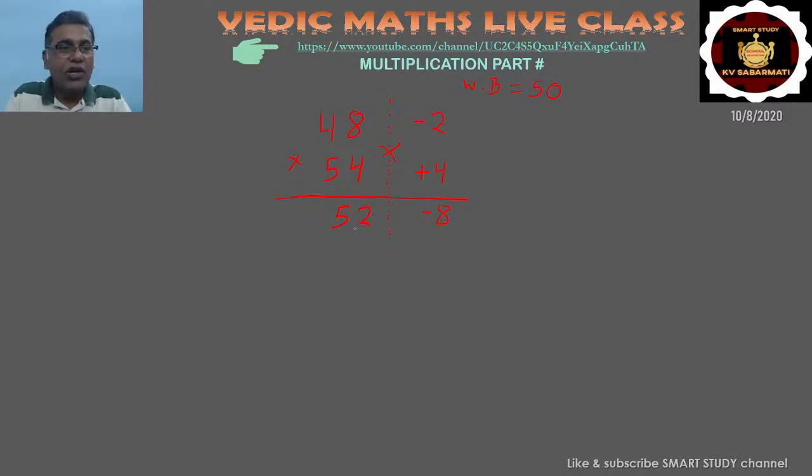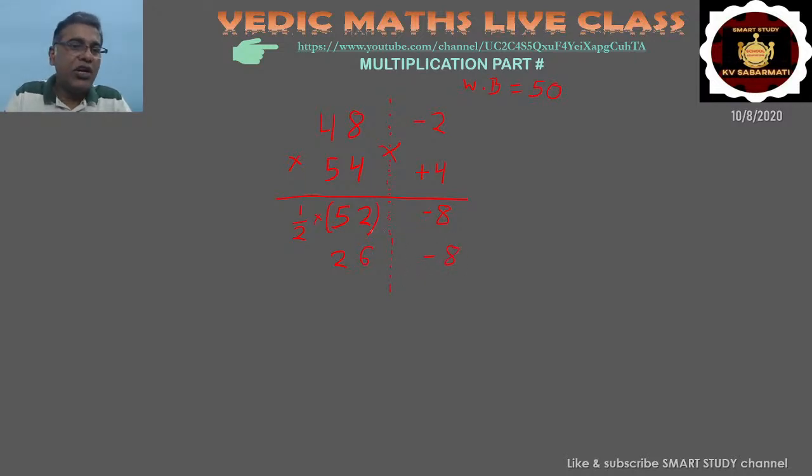Okay. Now what I will do, since working base 50 is half, 2 times less than 100, here I will multiply half. So half into 52, so that will become 26. So here I am getting 26, and this side we have minus 8.